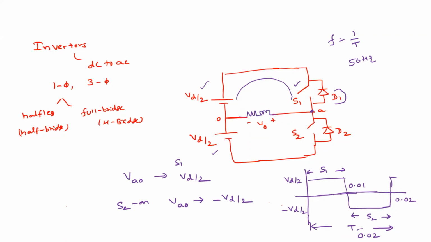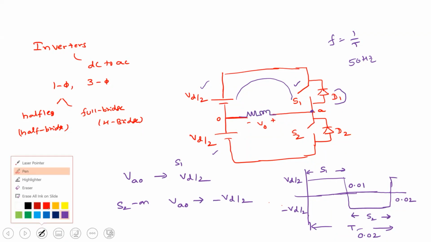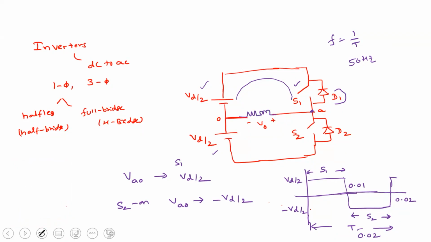What will inductance basically do? It will delay the current. Now let us assume that the current shape is something like this. This is the shape of the load current.